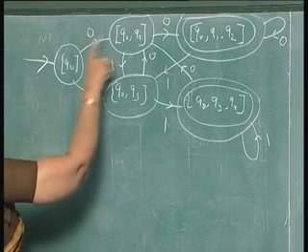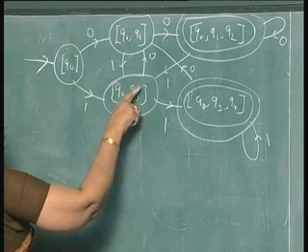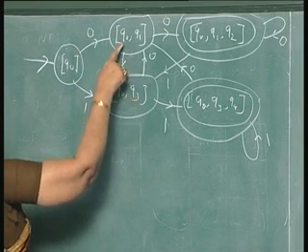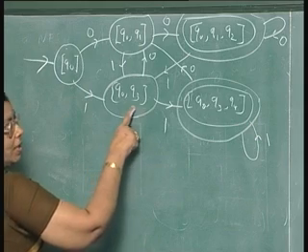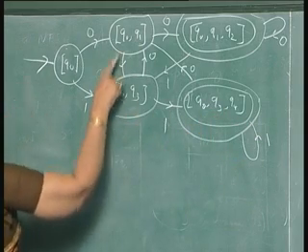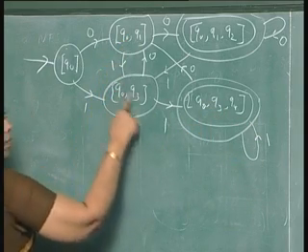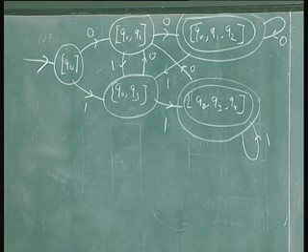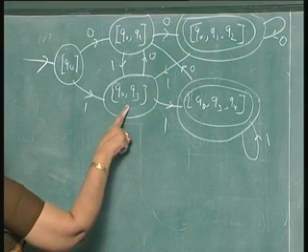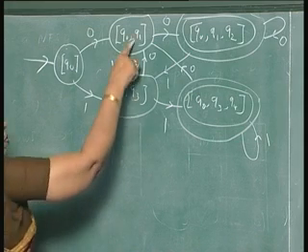If you get some sequence and at the end you get 2 ones, from here, 1 1 you will reach a final state. Similarly, if you get any sequence of zeros and ones, and you are in this state, when you get a 0 0, you go here and accept.